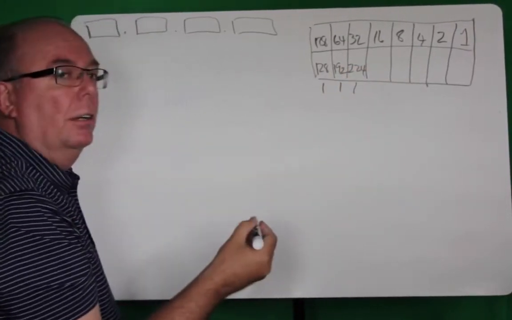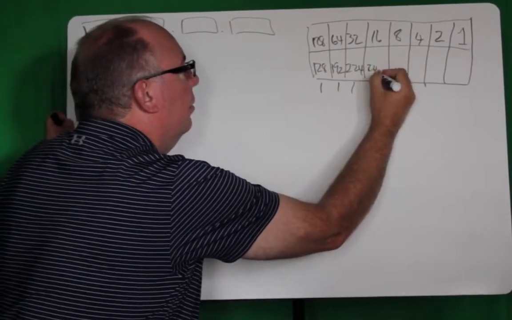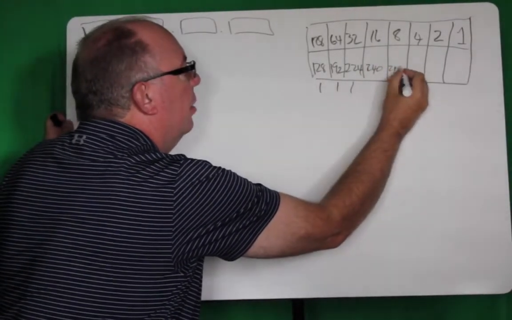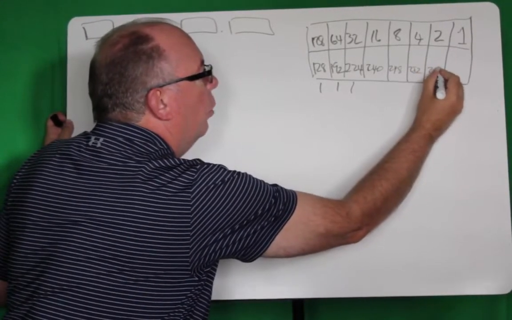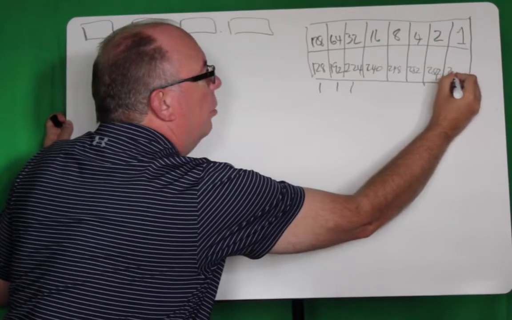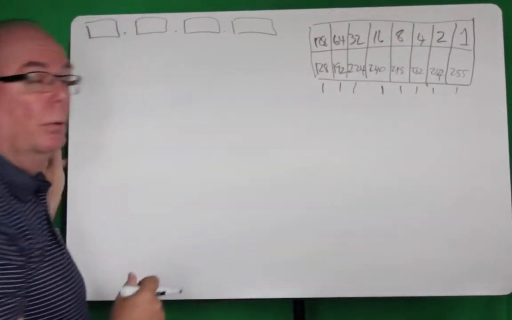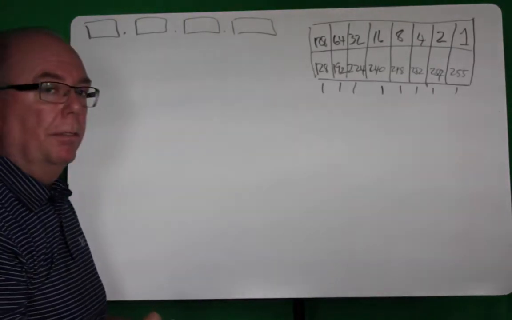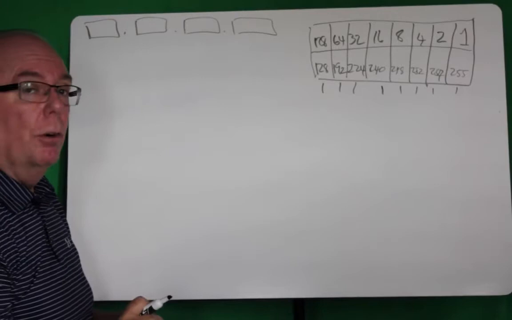And this would continue. So 224 plus 16, 240, 248, 252, 254, and 255. That's when we have all the bits set to a 1, it would equal 255. Now this is the key tool that helps us to unlock IPv4 subnetting.